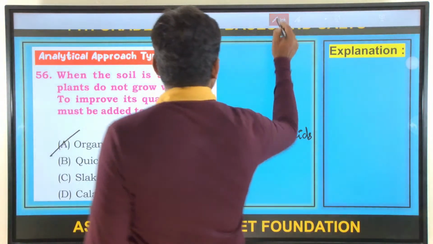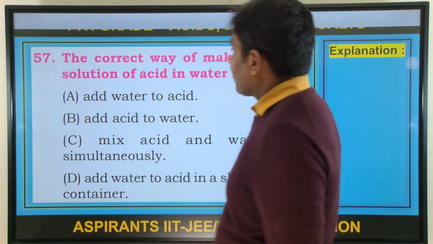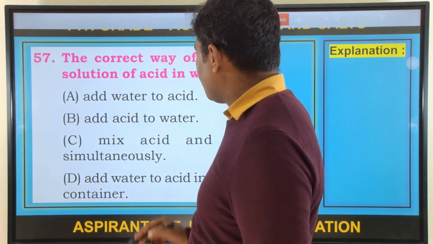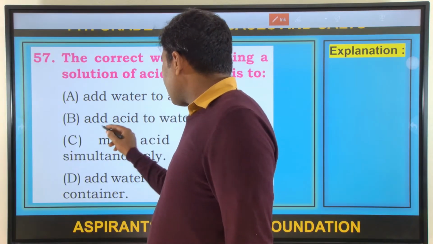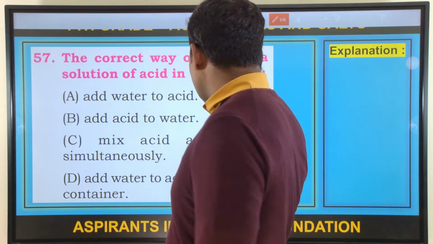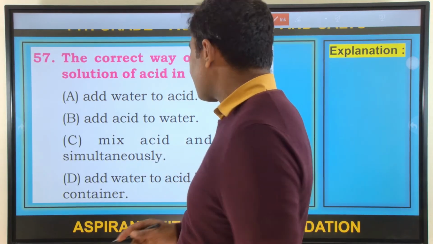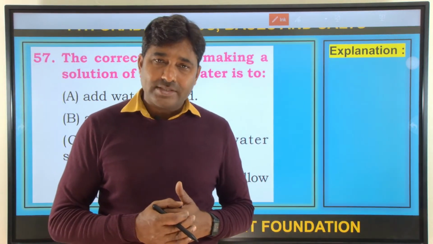Then the next question. The correct way of making a solution of acid in water is to add: water to acid, add acid to water, mix acid and water simultaneously, or add water to acid in a shallow container. This process is generally called dilution of acids.